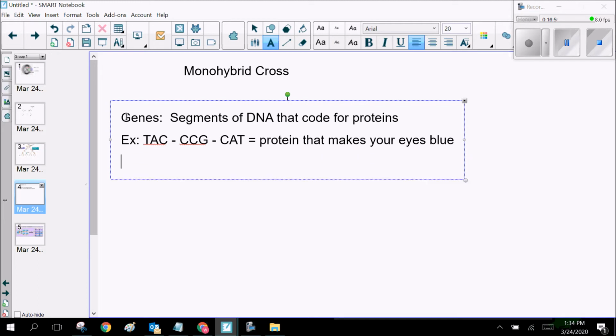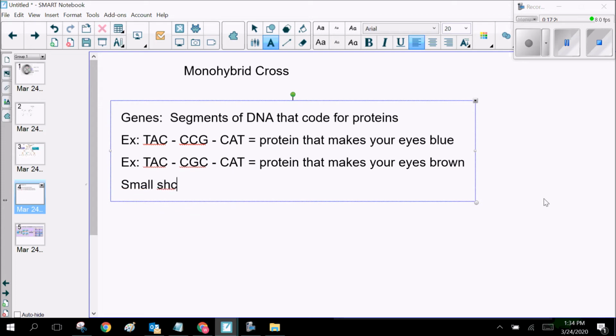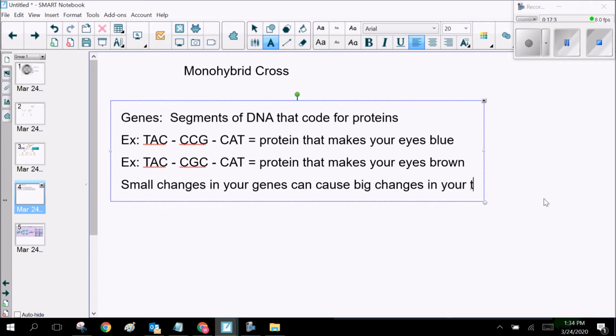Whereas another version, or allele, of that gene, an example allele maybe would be TAC, CGC, CAT. And just that little change might mean that the protein that makes your eye color will make your eyes brown. Whoa, brown. So you can see how small changes in your genes can cause big changes in your traits.